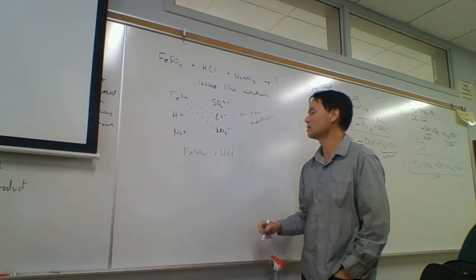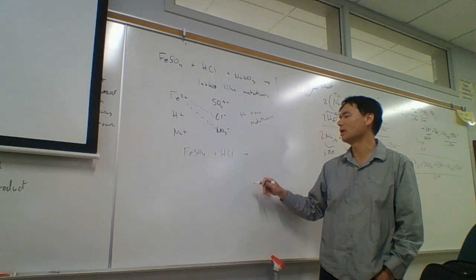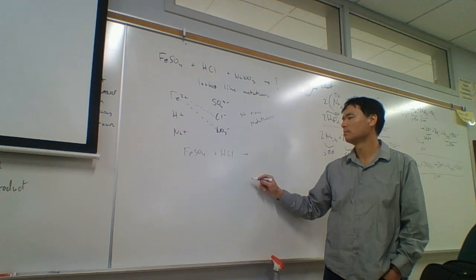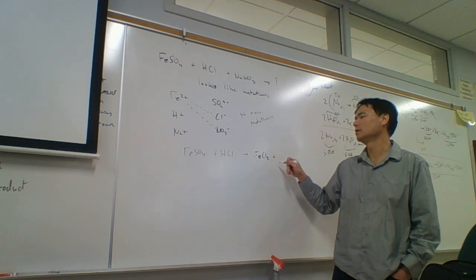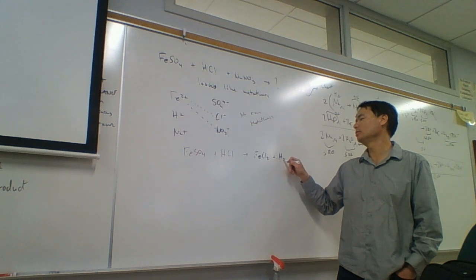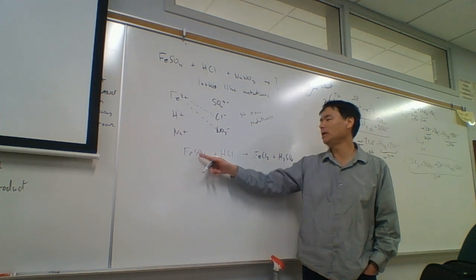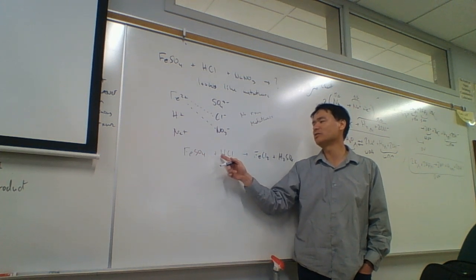You might think this is a combination because FeSO4 plus HCl goes to what? Metathesis, double replacement. It'd go to FeCl2 plus H2SO4. Right, this is AB plus CD, so it'd be iron 2 chloride plus hydrogen sulfate.